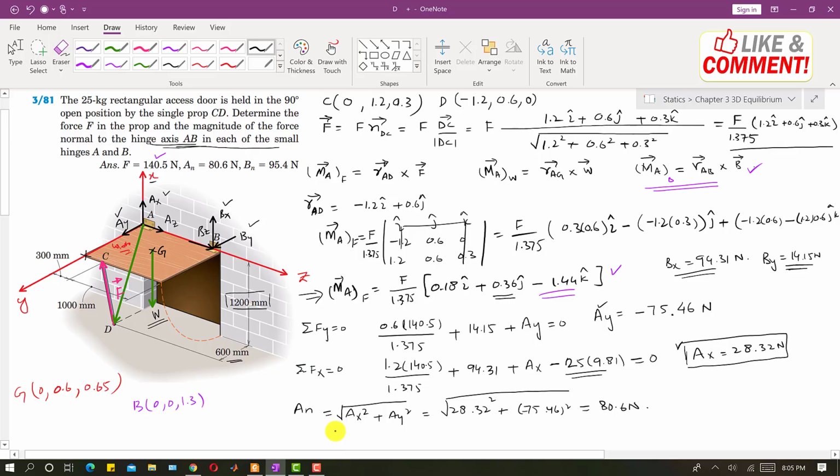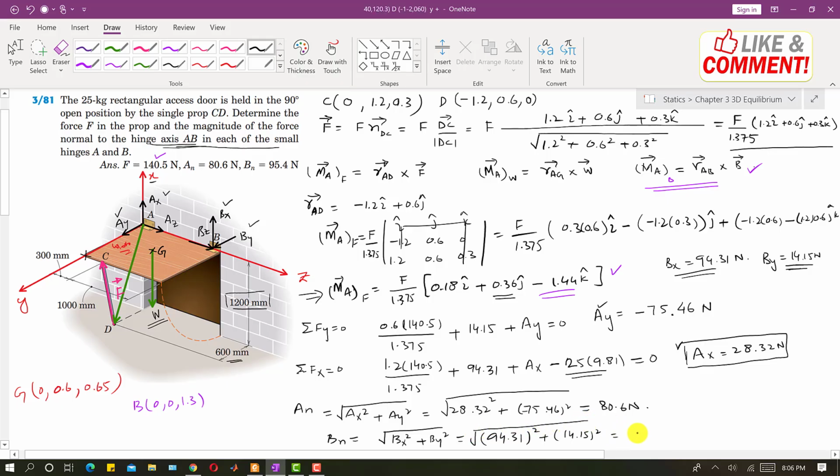And similarly, to find Bn, the normal reaction magnitude at B, we will write it like this. This will be the square root of Bx squared plus By squared, so Bx is 94.31 squared plus 14.15 squared under the root.